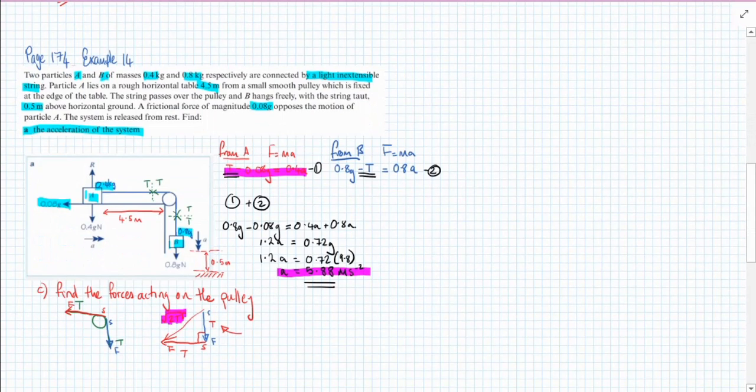And now I wanted to show you the idea that when you have a pulley involved, you have a rope break on one side of that pulley and a rope break on the other side of that pulley. Interestingly, this is one of the few cases in mechanics where you will have horizontal forces on one side of the pulley being equated to vertical forces on the other side. Essentially, a pulley changes the direction of the forces.